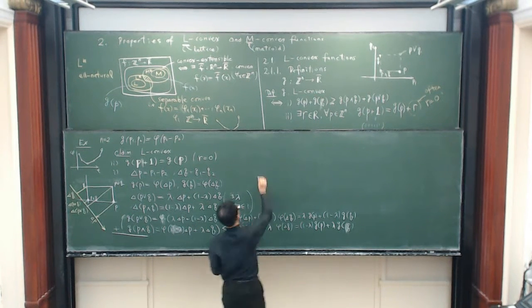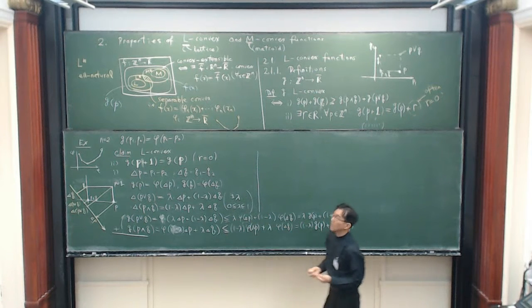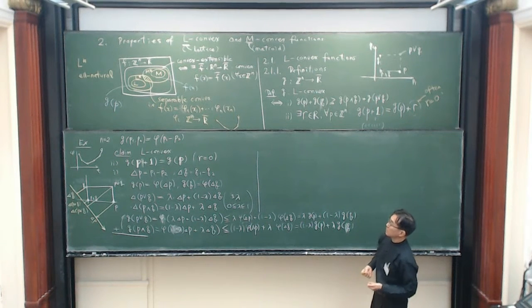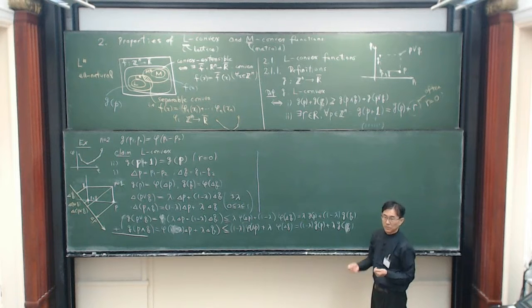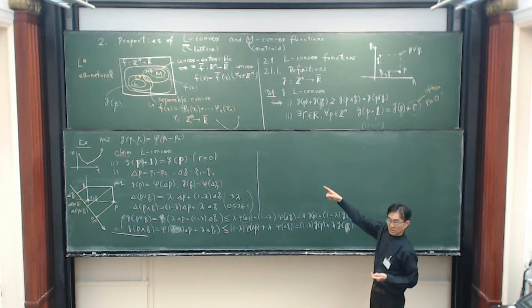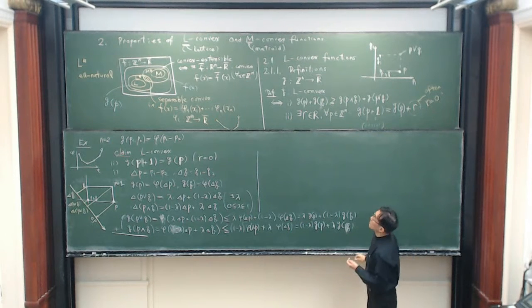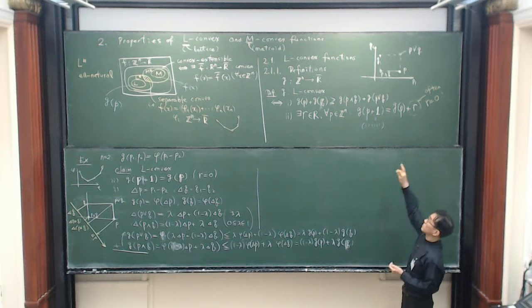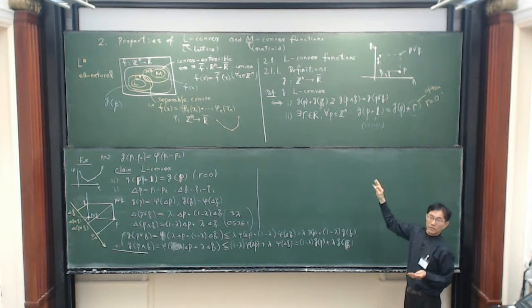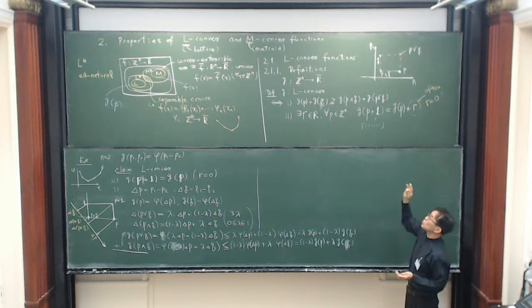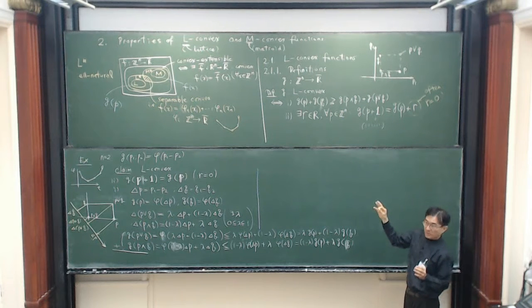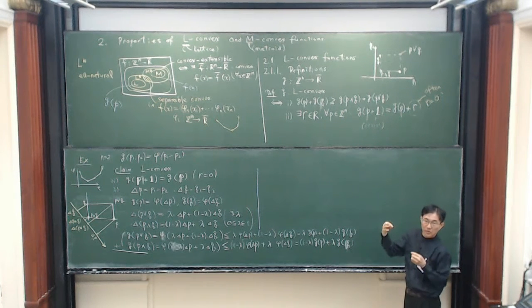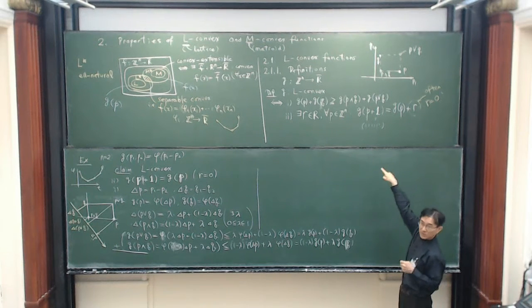Now, as a corollary, we can derive a famous, well-known function by adding these inequalities. If you look at the definition here, L-convex functions are closed under addition. If G1 and G2 are L-convex, then the sum G1 plus G2 is also L-convex because of this.